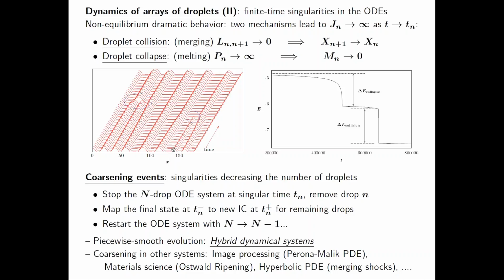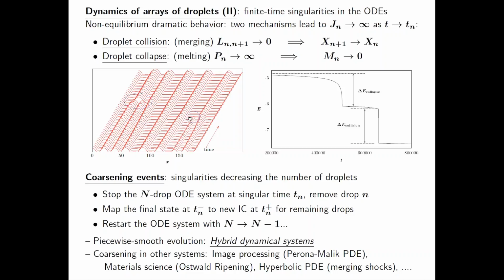So one drop can either collapse or melt as its mass leaks out into the surrounding area, and that will cause the flux to diverge to infinity as the pressure goes to infinity. So that droplet will effectively disappear in finite time. Or another dramatic thing that can happen is 2 drops can collide and merge into each other. That will also cause the flux to diverge in finite time.